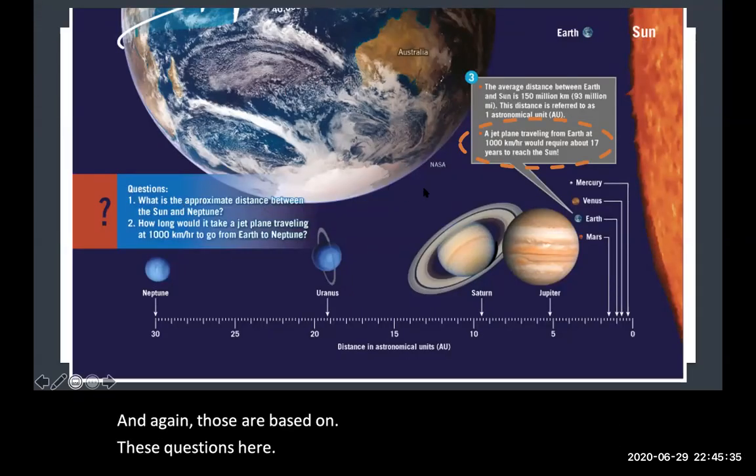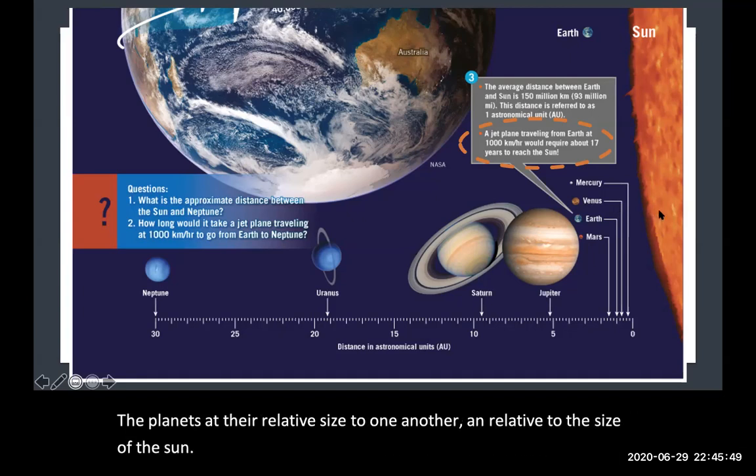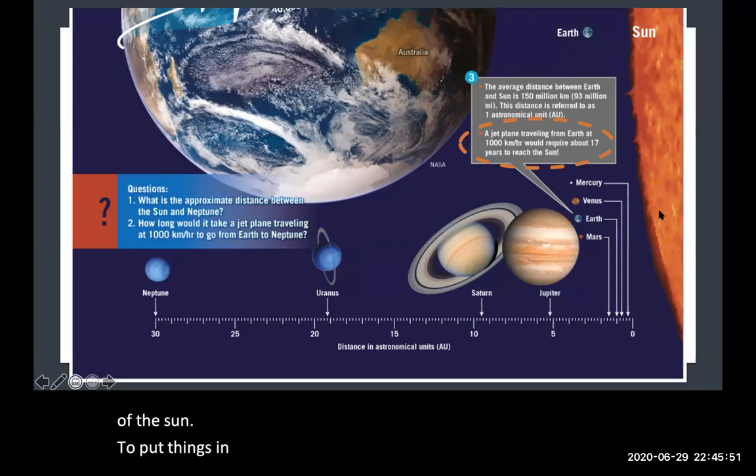A little bit more about this illustration. This shows the planets at their relative size to one another and relative to the size of the sun, to help put things in perspective. It also shows their relative spacing, although of course they're actually not this close to each other.